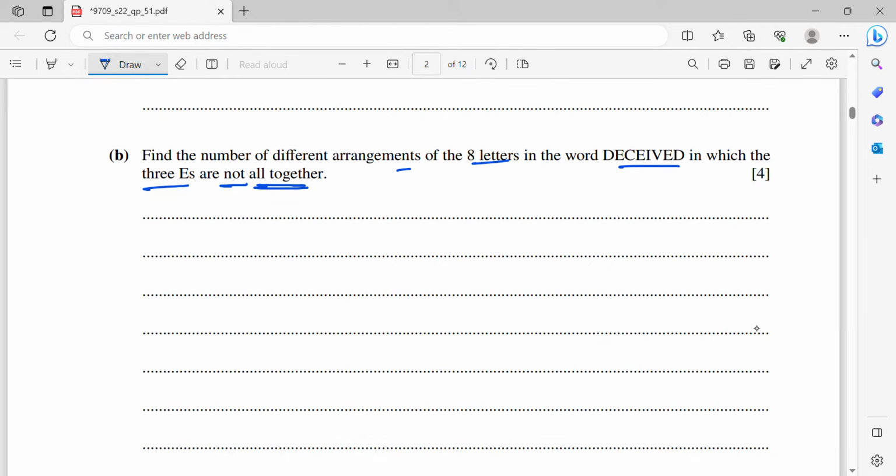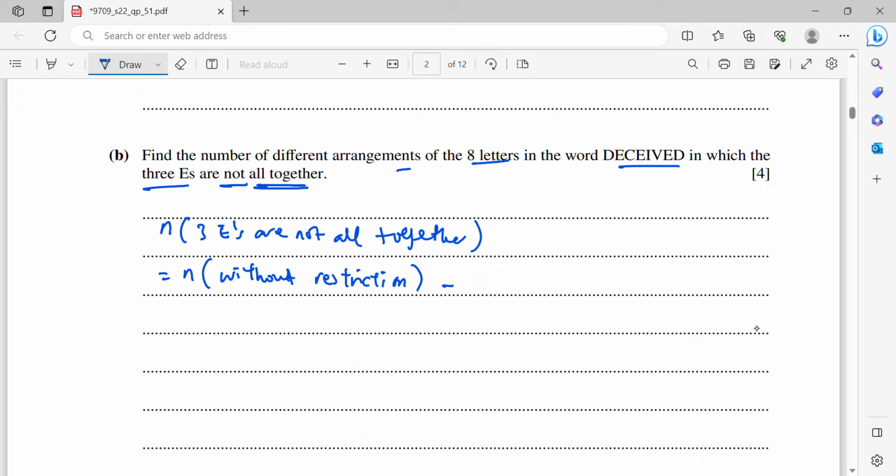Okay, so when the 3 E's are not all together, it is the same as the number of arrangements without restriction minus the number of arrangements when the 3 E's are together.